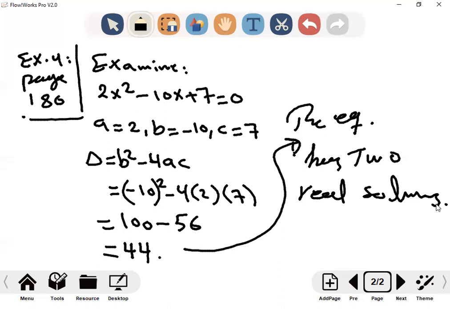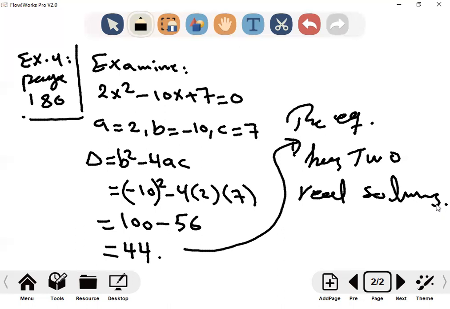Like 25, 25 is a perfect square, because we can find the square root of it, it's an integer, not a decimal, right? Square root of 100, we call it a perfect square. 4 is a perfect square. 16, a perfect square. For 11, no number multiplied by itself gives 11. As 44, 44 is not a perfect square.